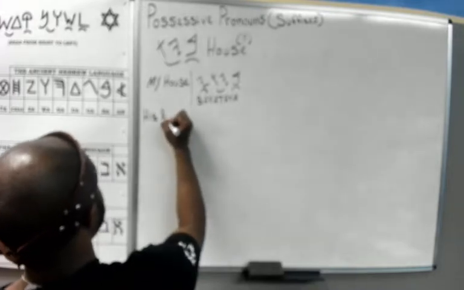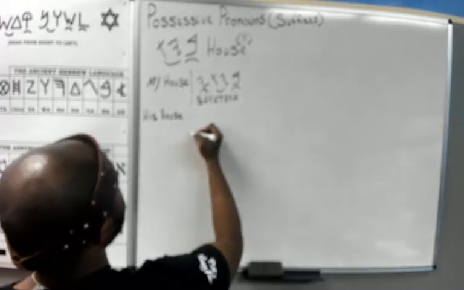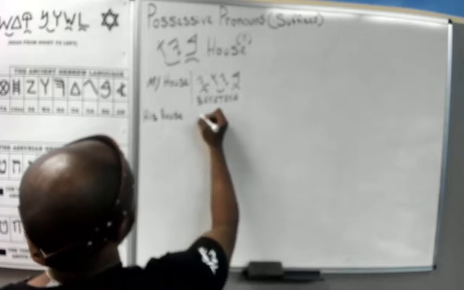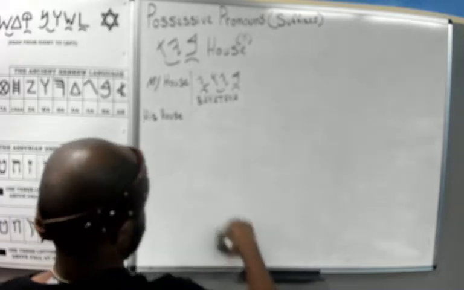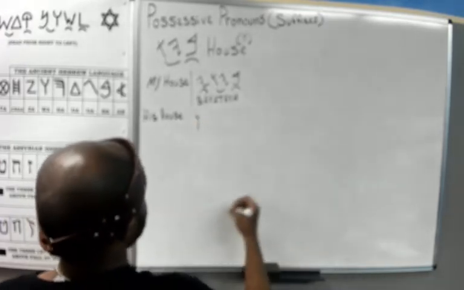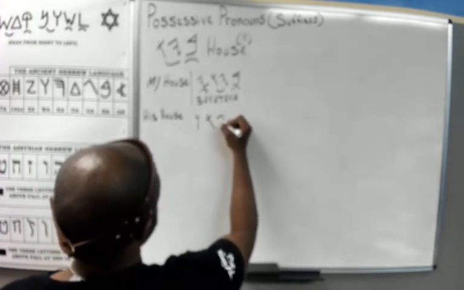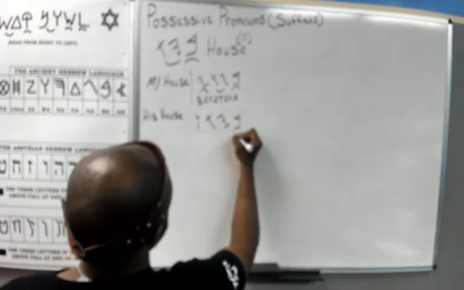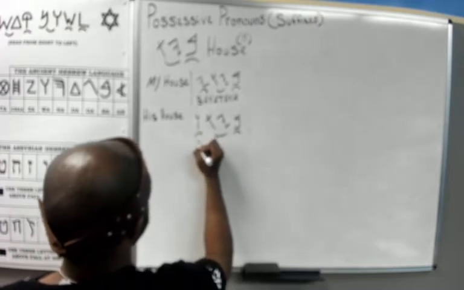If you want to say his house, again it will be at the end of the word because we're dealing with suffixes. It will be bayaf wa. So bayaf wa would be his house, if you want to say it in Hebrew.